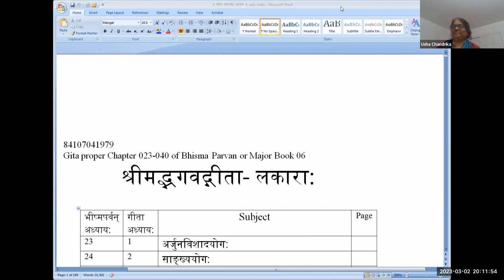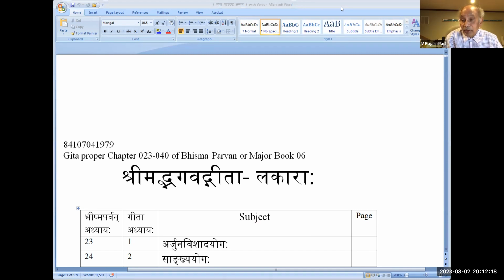And there is a sloka in the Gita, in the 4th chapter: Janma karma cha me divyam, evam yo veti tattvataha, tyaktva deham punarjanma, naiti mameti so'rjuna. 4th chapter.